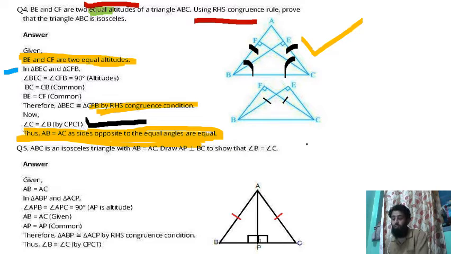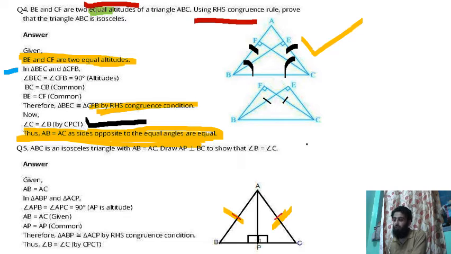Now moving on to question number 5. You have been given that ABC is an isosceles triangle with AB equal to AC. Draw AP perpendicular to BC. Show that angle B equals angle C. Fairly simple question. You have been given that side AB and side AC are equal to each other, that means it is an isosceles triangle.